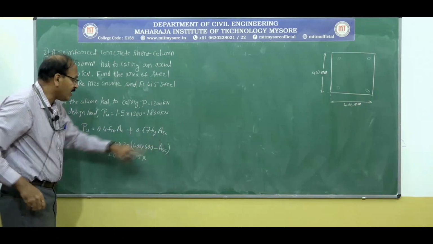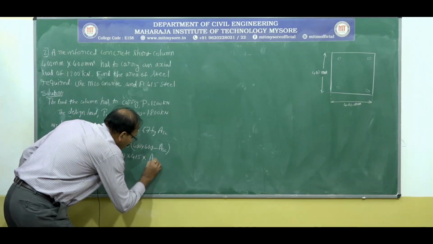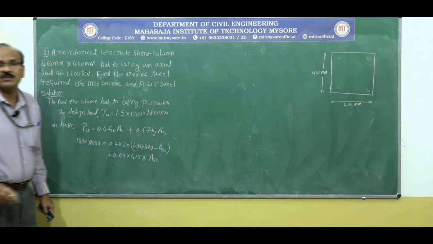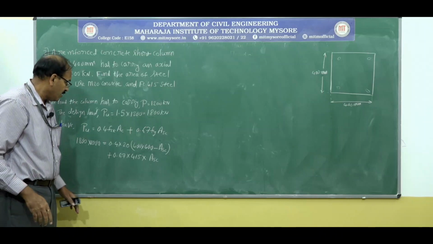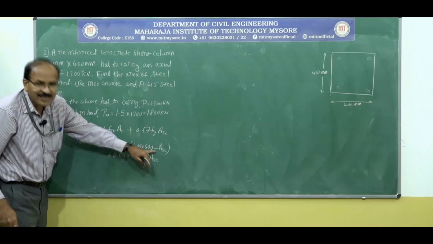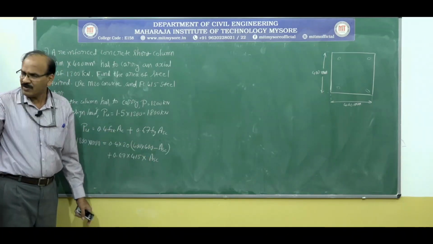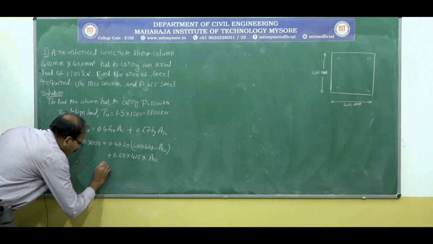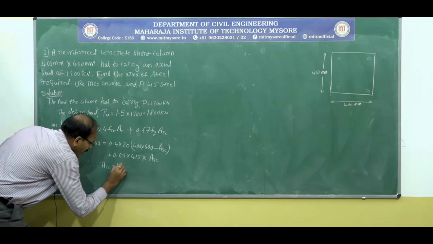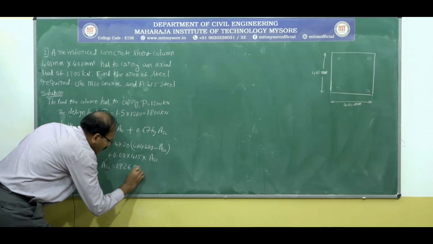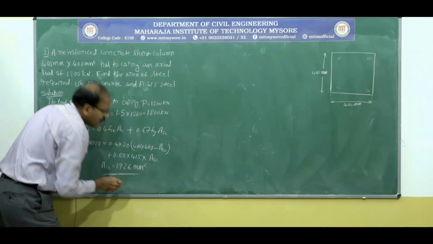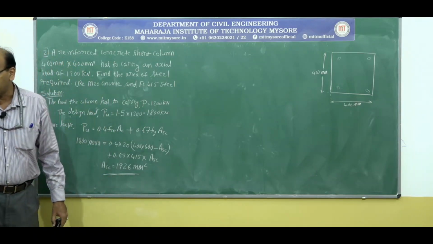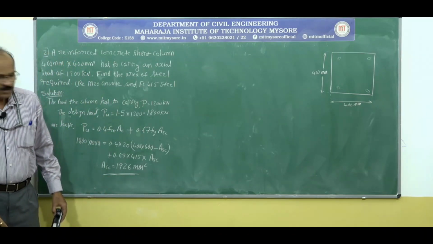Again, that is the area of compression steel which we are going to find out. Okay. So here what is the unknown? Asc is the unknown. After simplification, therefore Asc equal to 1926 millimeter square. That is the minimum area of compression steel required.